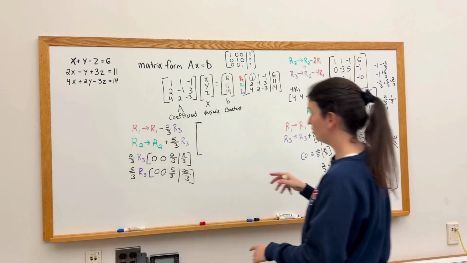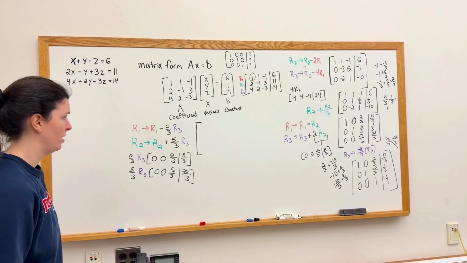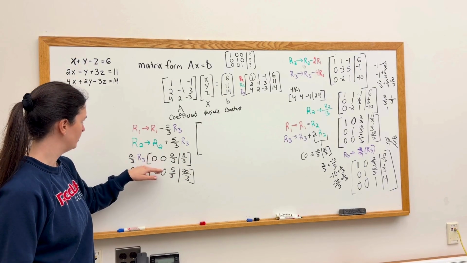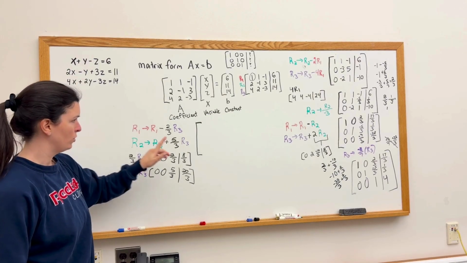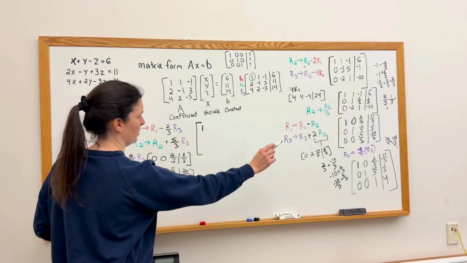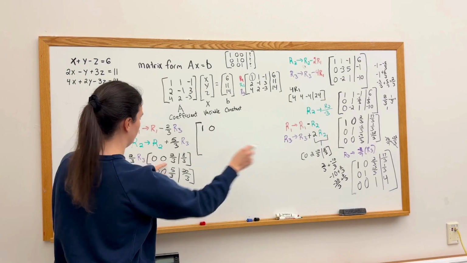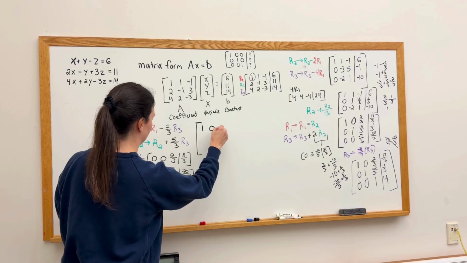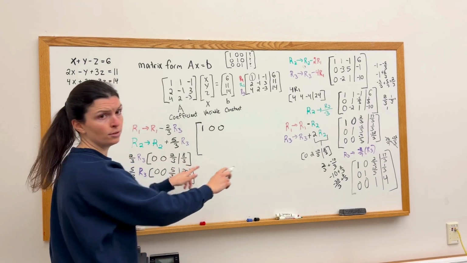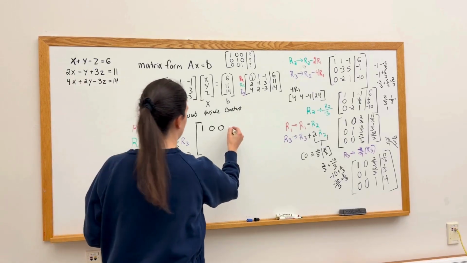All right, so let me stand on this side. Looking at row 1 right now. 1 minus 0 is 1. 0 minus 0 is 0. 2/3 minus 2/3 is 0. 17 over 3 minus 8 over 3 is 9 over 3, which is a nice even 3.